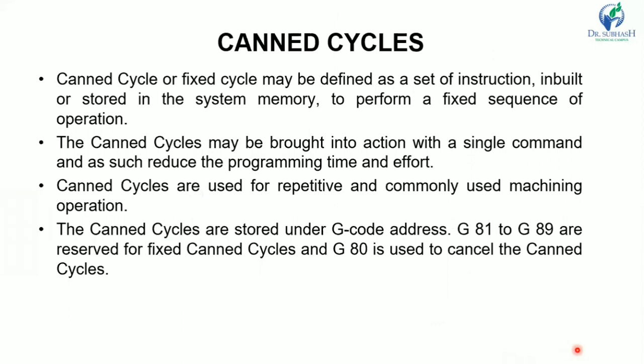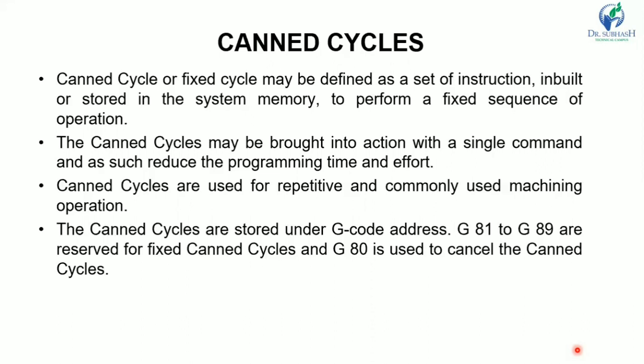Now next one is the CAN cycle. So CAN cycle, or fixed cycle, may be defined as a set of instructions inbuilt or stored in the system memory to perform a fixed sequence of operations. The CAN cycle may be brought into action with a single command and as such reduces the programming time and effort.